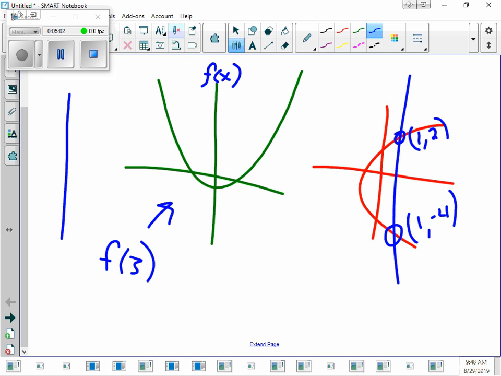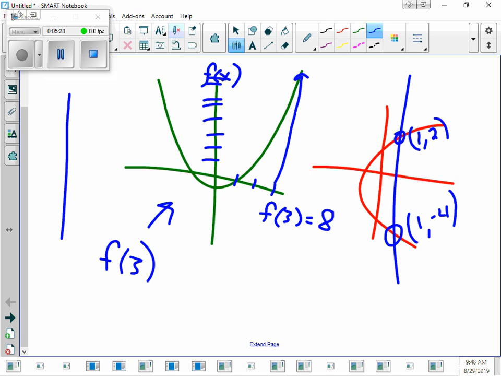It wants to know what is the function value when x is 3, or what is the y value when x is 3. So we would just go over 1, 2, 3, and then we would look up to here. So f of 3 is 8, meaning when I plug 3 into the equation, the number 8 comes out.